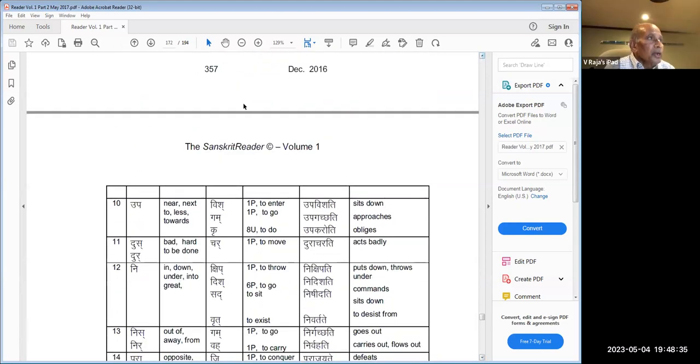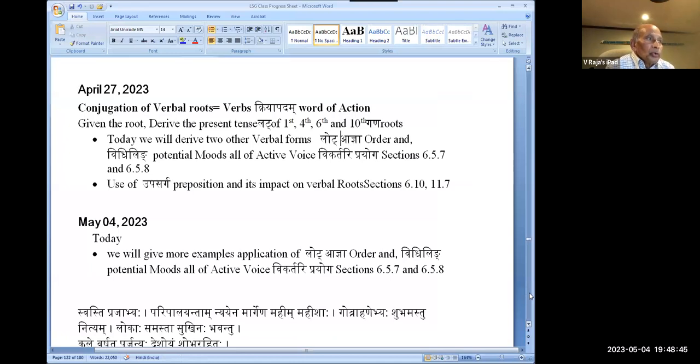Okay, now what did we do last class? Go back to last class. We took the root of 1, 4, 6, and 10 ganas, and we derived. Previously, we did the lat present tense for the 1, 4, 6, 10 ganas, and you all know how to do them in detail.